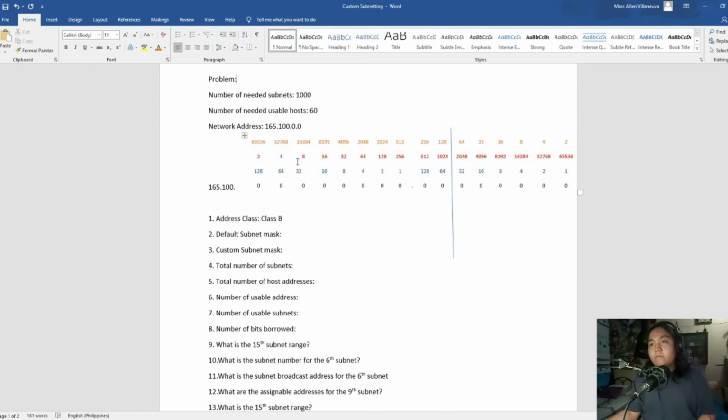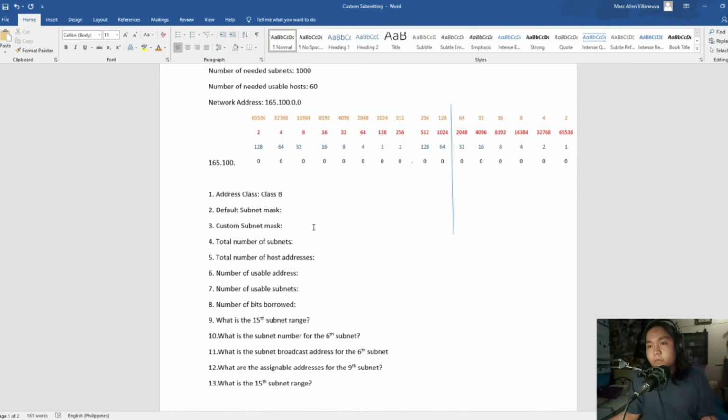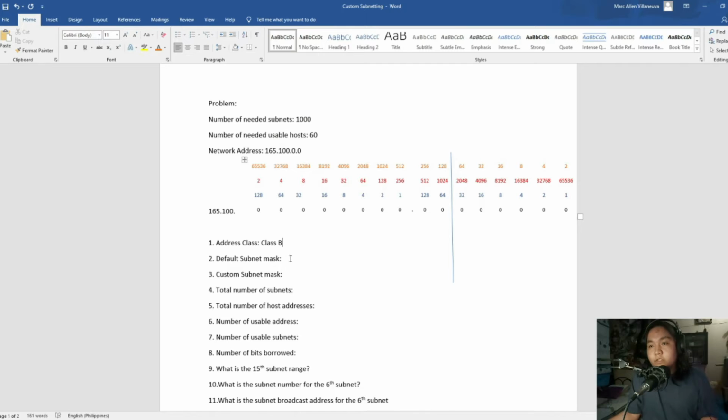So since we have already gone through this far, we can answer some of the questions here below. Like what I've said earlier, the IP address given was class B. So since it is class B, our default subnet mask is 255.255.0.0.